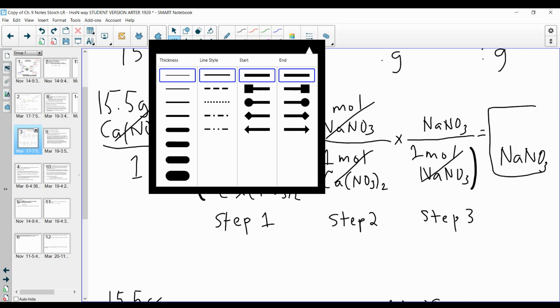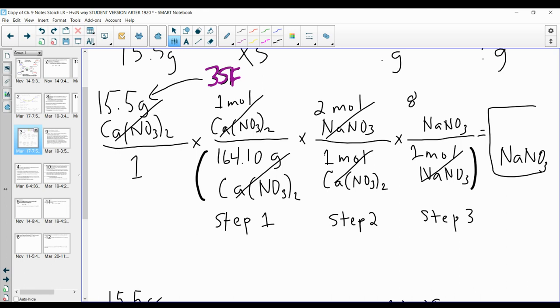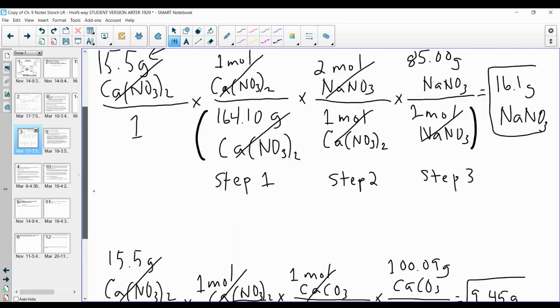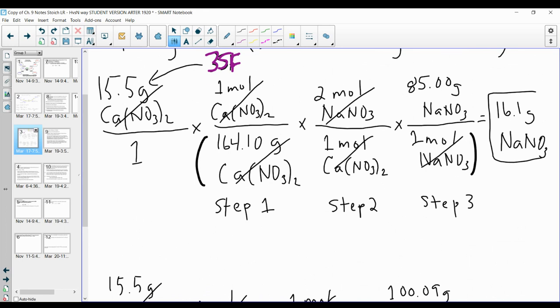So the mass of NaNO3 from the periodic table is actually 85.00 grams, which when calculated out would be 16.1 grams of NaNO3 that is produced. So again, I apologize for that, but you can always pause the video as you're doing calculations as well.